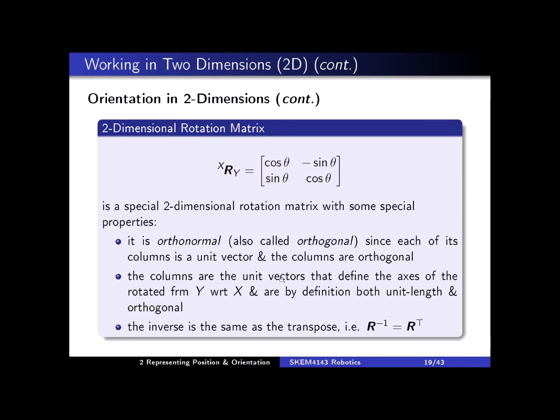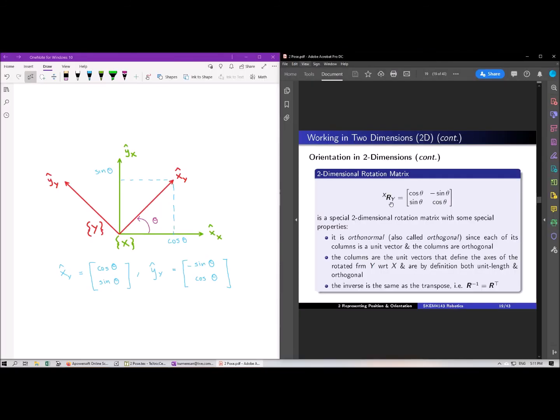You have to know that this rotation matrix represents the orientation of coordinate frame y with respect to coordinate frame x. This column represents x hat y with respect to coordinate frame x. Therefore the x component is cos theta and the y component is sine theta.